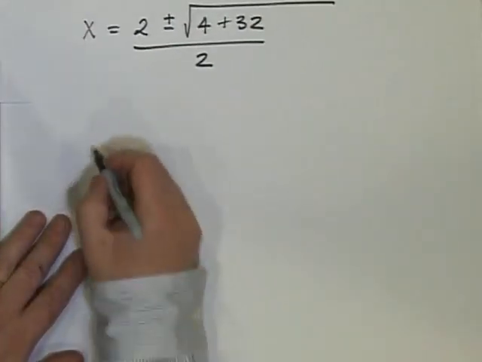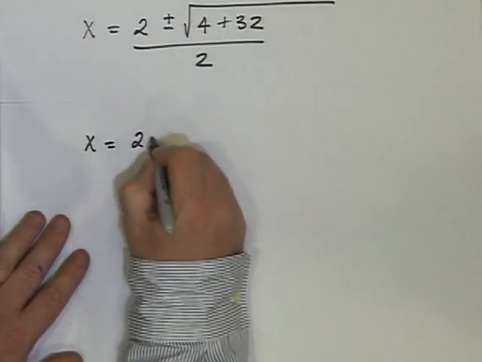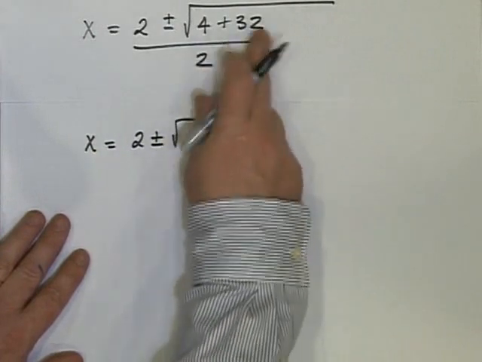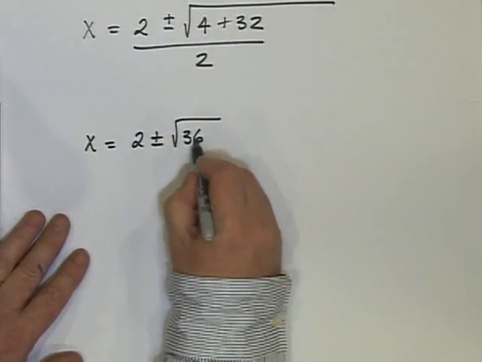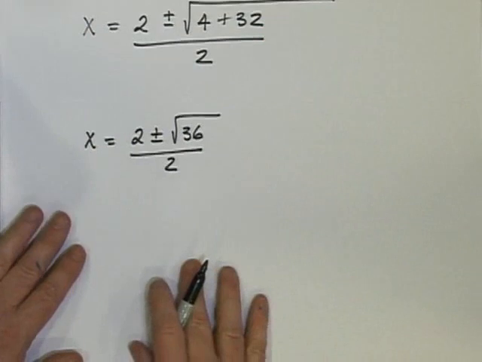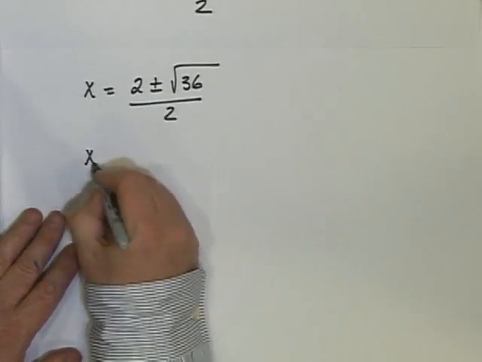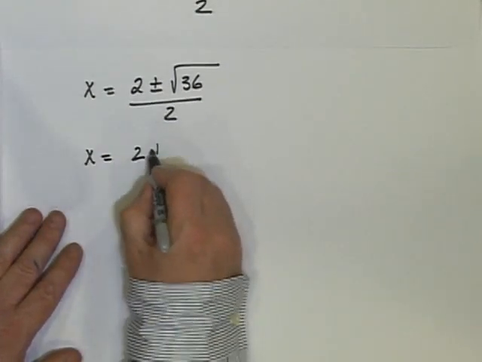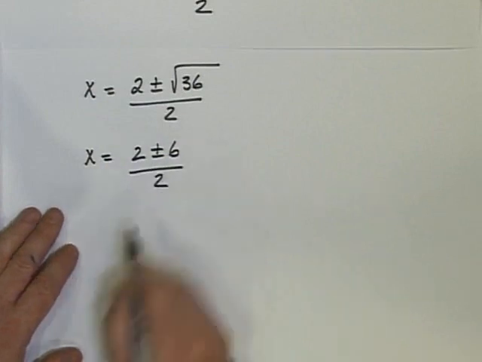We keep going, and we say x is equal to 2 plus or minus 4 plus 32 is 36 over 2. X is equal to 2 plus or minus 6 over 2.